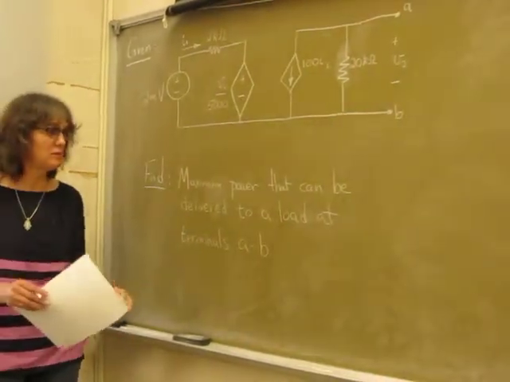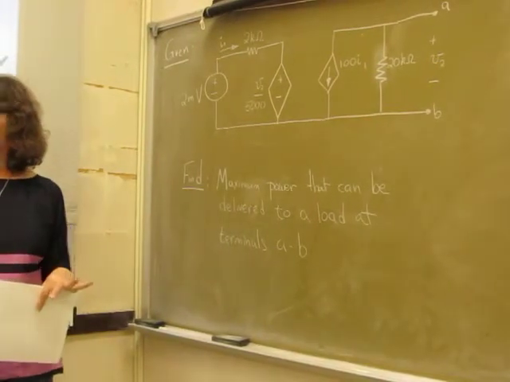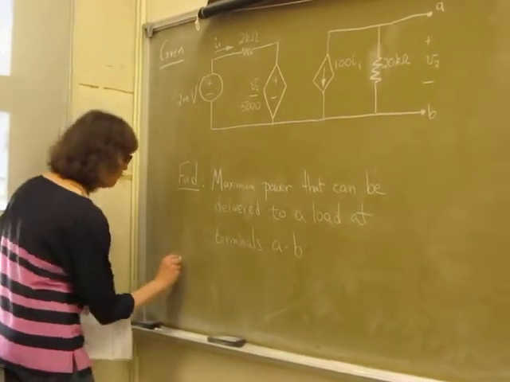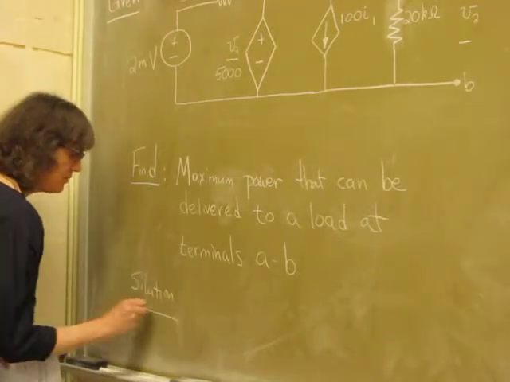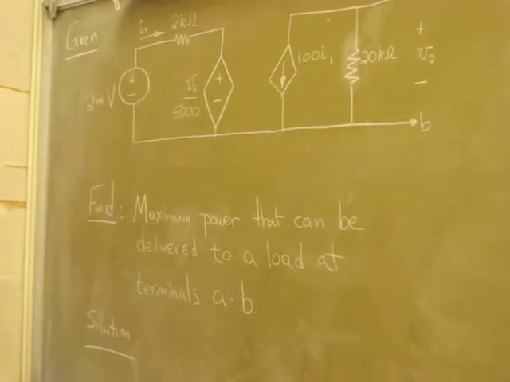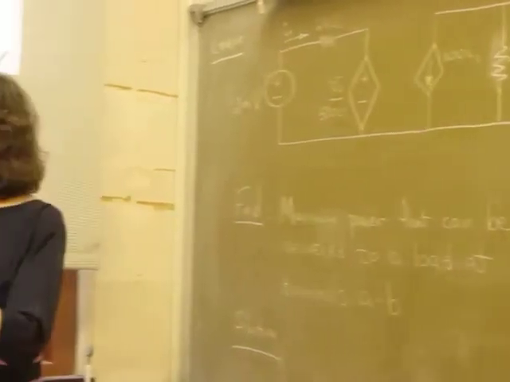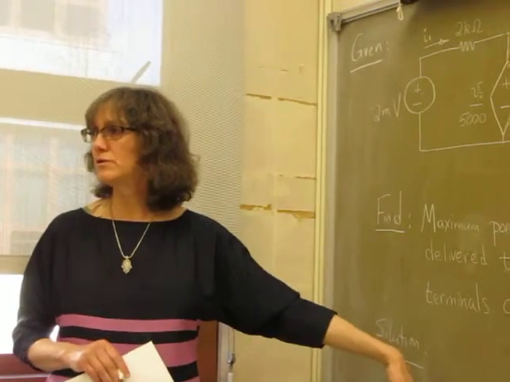Okay, so there are some things that you're expected to know. In the solution, and by the way, I'll put this in the weekly email that I'll send this afternoon, on the test, you are expected to follow the standard format for engineering problems.